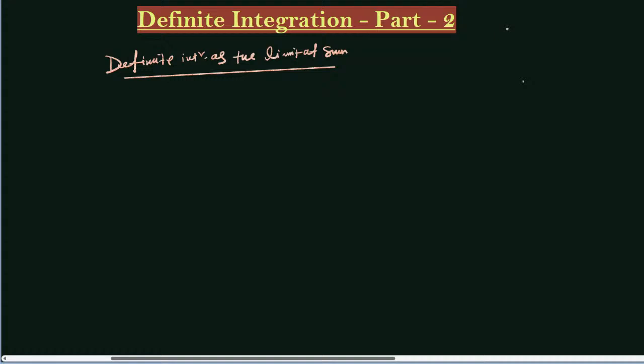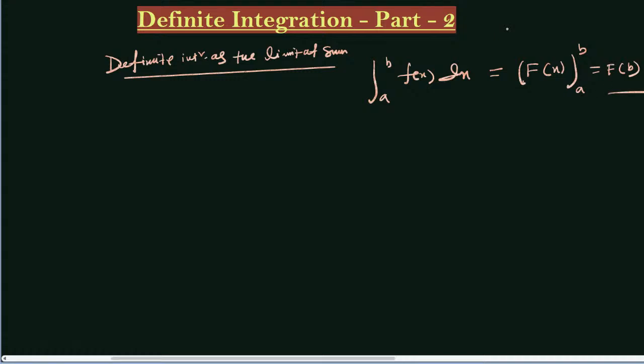Based on that meaning, the integral from a to b of f(x) dx equals the integral, the function whose derivative gives f(x) back. Then this will give you F(b) minus F(a). This you know.